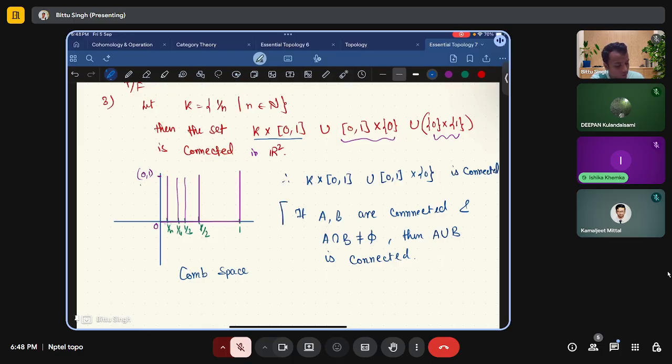We are using this property. This property does not only hold for the finite case.